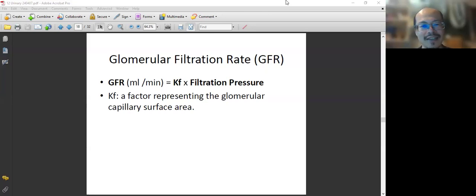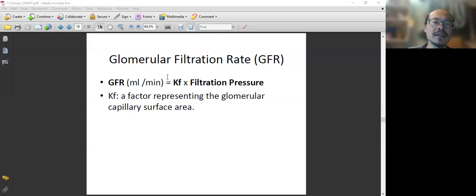GFR is proportional to, associated with, the filtration pressure. The higher the pressure, the stronger the GFR. And what determines the filtration pressure is basically blood pressure. So if your heart is strong, fluid pressure is strong, your filtration pressure will be high, and your filtration rate will be high.